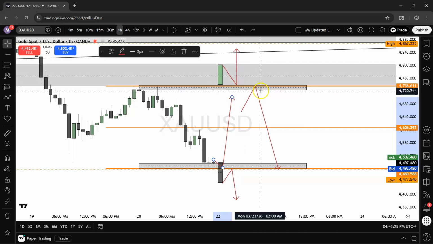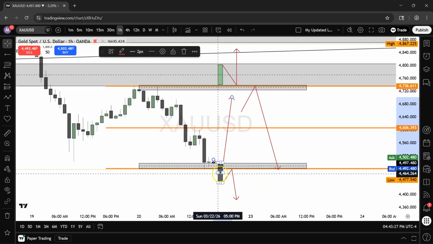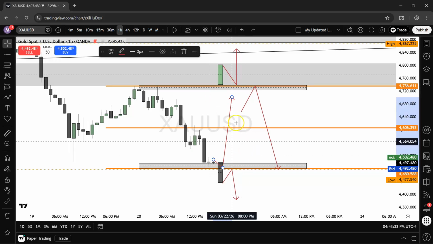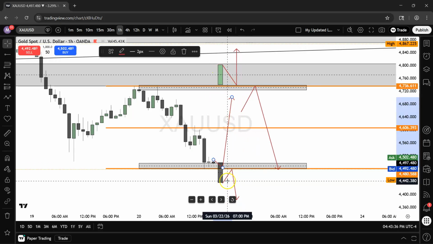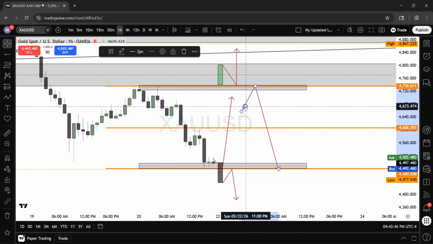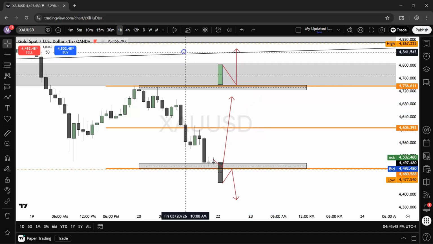Okay, the resistance is on the top, which is the ceiling. Support is on the bottom, which is your floor. All right, so those are the scenarios. So 1, 2, 3, 4. That's all I'll be paying attention to. 4 different scenarios, 4 different setups. Okay, and that's what I'll be looking for on Monday.